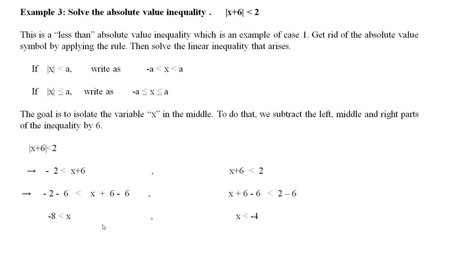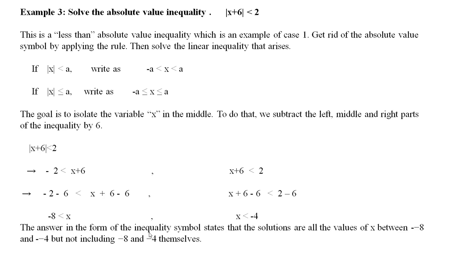These are the two possibilities, so the specified range is given. We found the numbers between minus 8 and minus 4. The answer in the form of an inequality states that the solutions are all the values of x between minus 8 and minus 4, but not including minus 8 and minus 4.